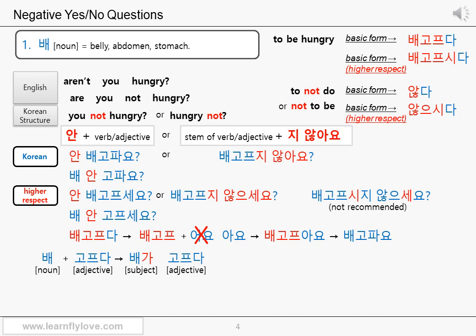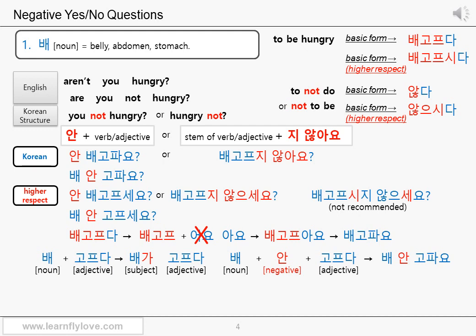Just remember that. And you can put the negative adverb 안 between 배, stomach, and 고프다. So the first sentence was 안 배고파요? But it can be 배 안 고파요? too. 배 안 고파요? Okay?